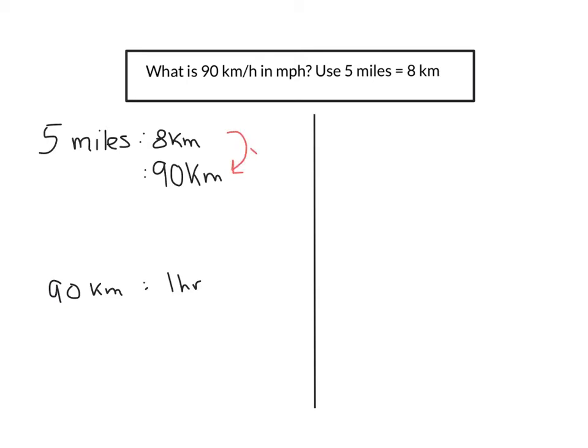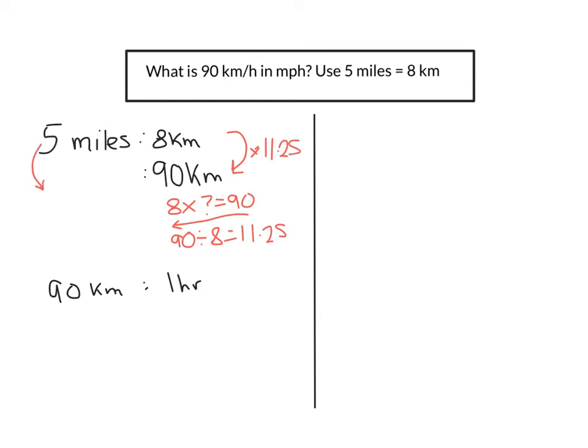So 8 times by what is 90? So do it backwards. 90 divided by 8, and I get 11.25. So that means I'm timesing by 11.25 on this side, which means I need to do the same on this side.